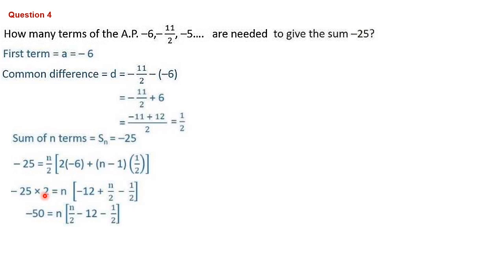Then minus 25 into 2 is minus 50, equal to n into, arranging the like terms, the n term we can bring first and the constants we can bring together. So n by 2 into minus 12 and minus 1 by 2.